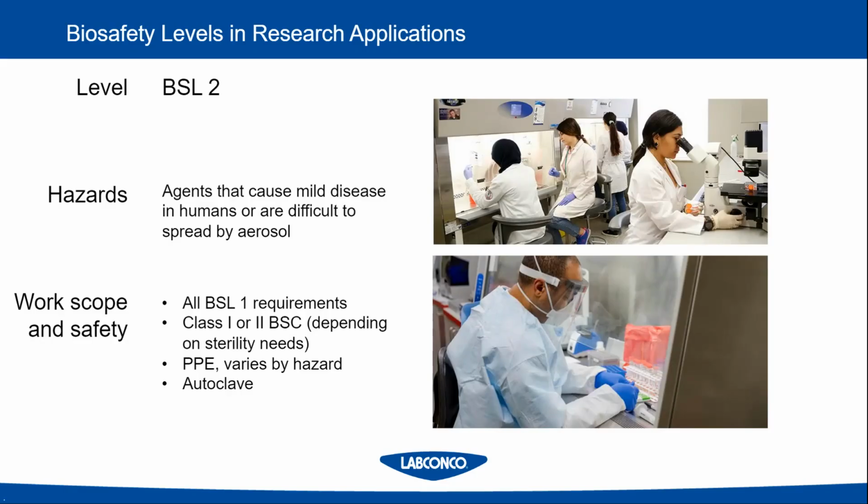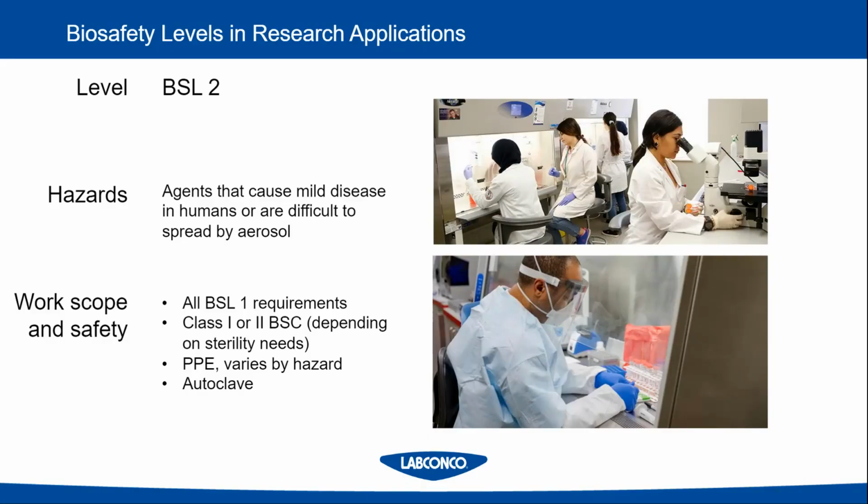In this case, we need to increase the safety, containment, and personal protective equipment that researchers would use. So when working with these pathogens in a BSL-2 lab, users would employ a biosafety cabinet, class 1 or class 2, and we'll talk about protective equipment based on the pathogen or the agent they are working with.